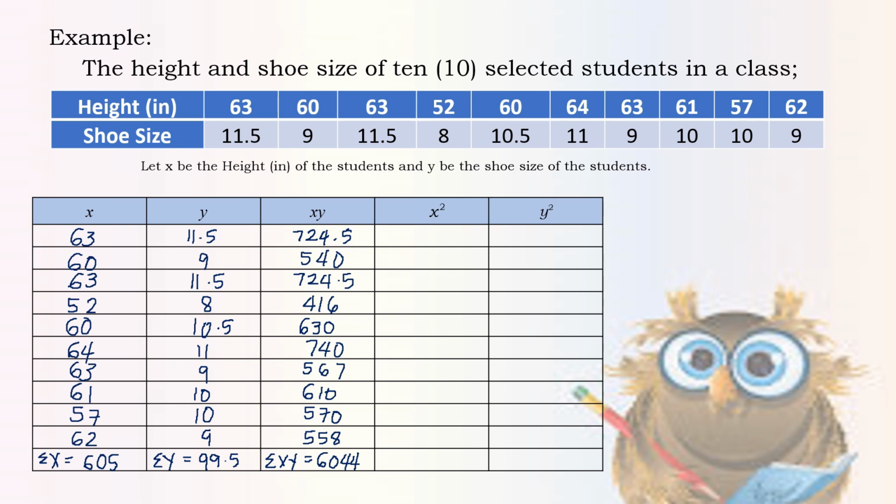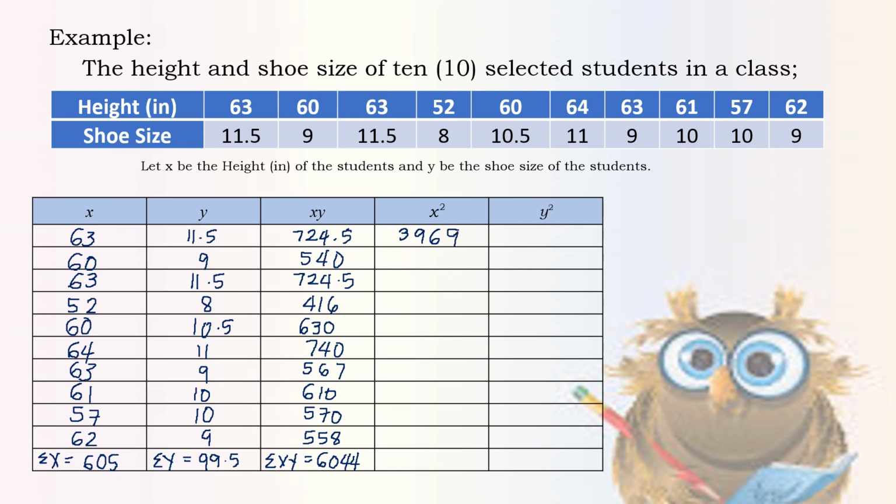Okay, let's proceed to x squared. X squared: take a look at the column x and then square it. So we have here 3,969.